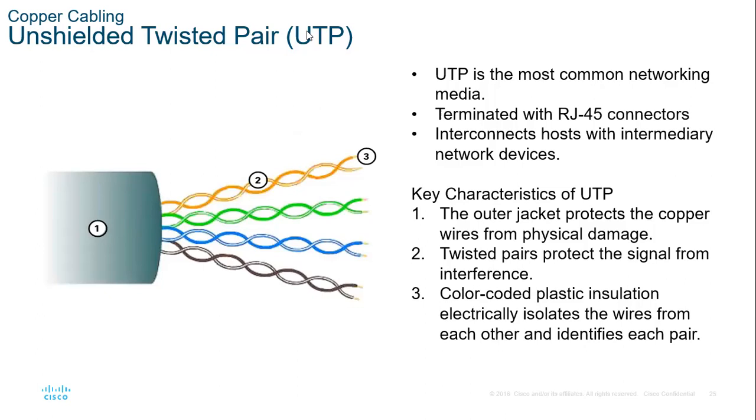Key characteristics of UTP: the outer jacket protects the copper wires from physical damage. Twisted pairs protect the signal from interference. Color-coded plastic insulation electrically isolates the wires from each other and identifies each pair. So there are four color formats in unshielded twisted pair cabling.